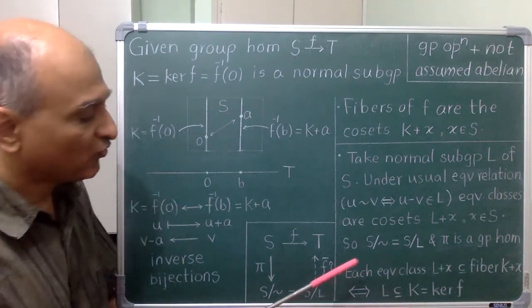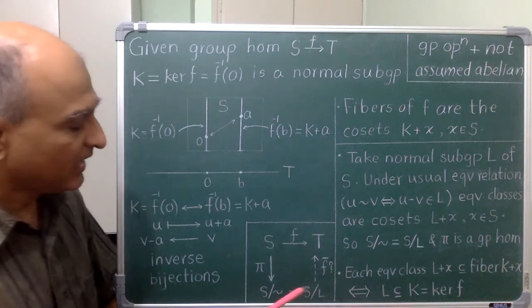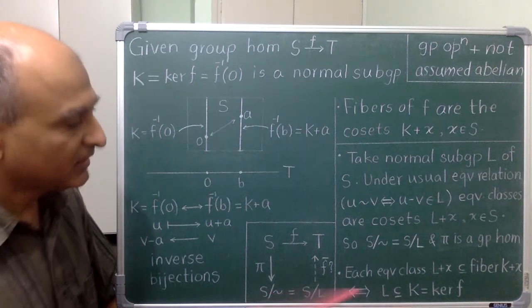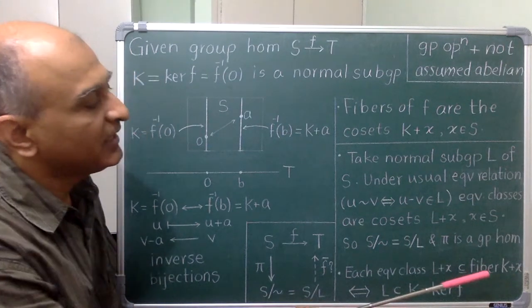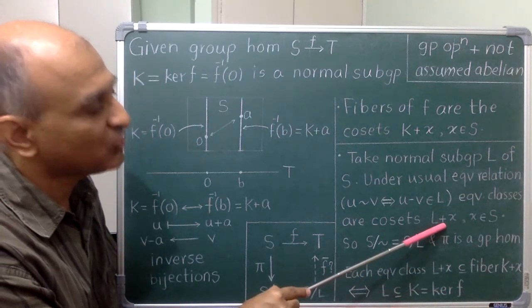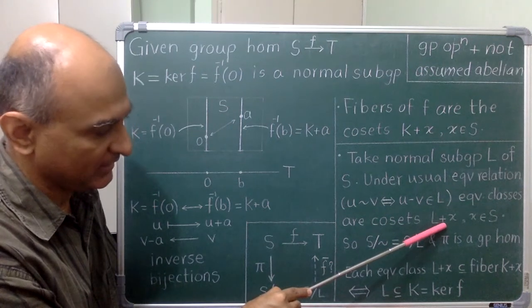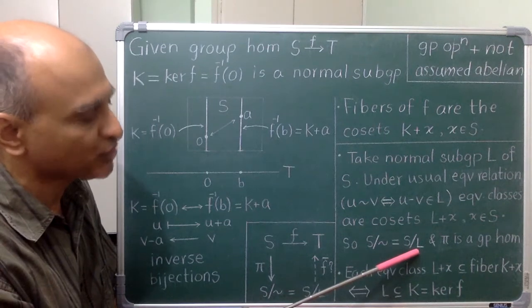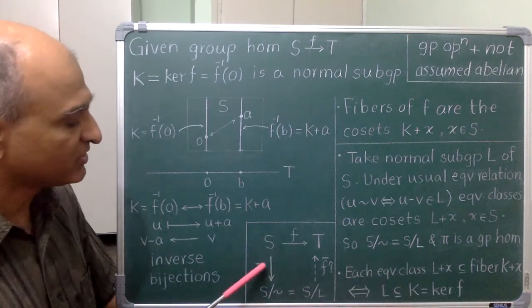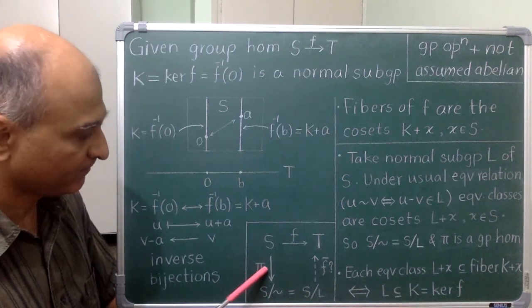Remember that for F bar to exist, every equivalence class needs to be contained in a single fiber. But equivalence classes are just the cosets of the normal subgroup L. And in fact, the quotient set is the same thing as the quotient group. And the quotient map is a group homomorphism.